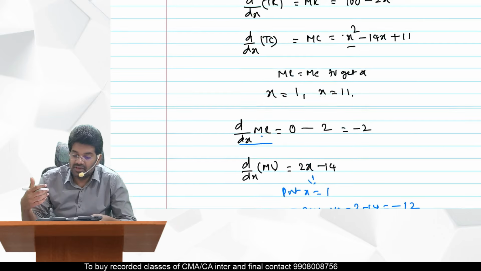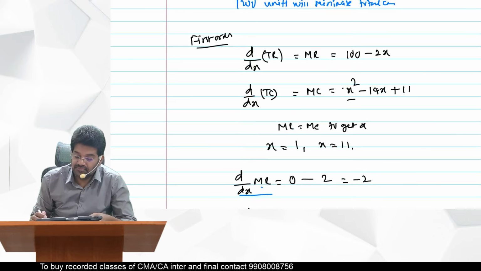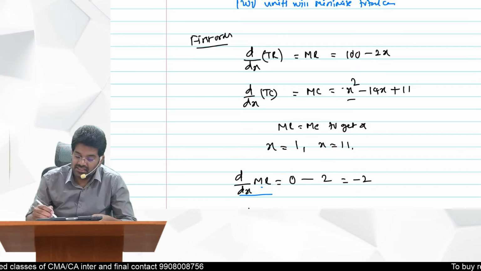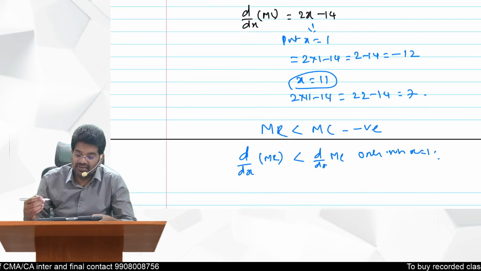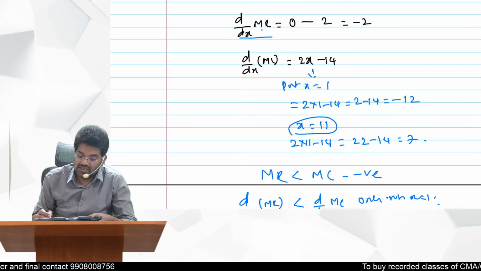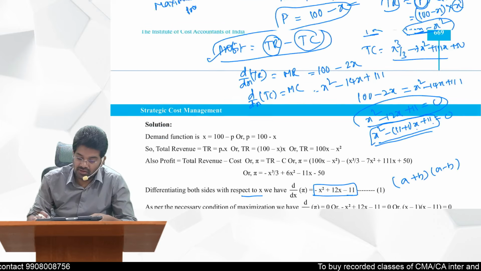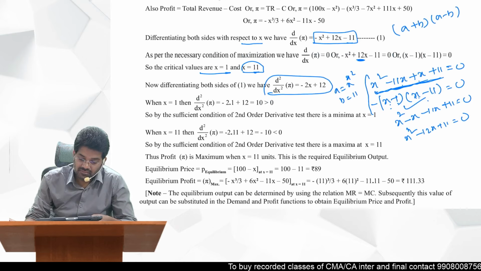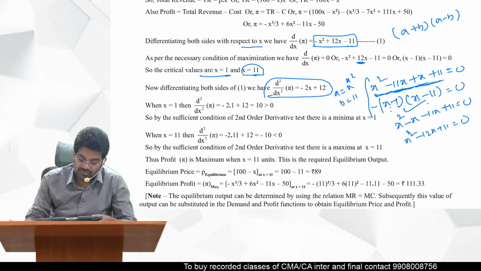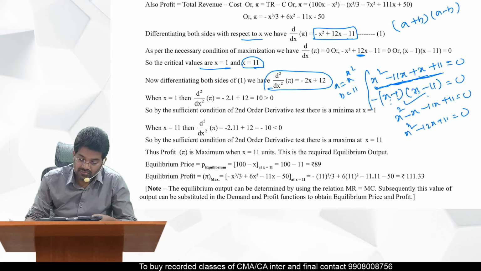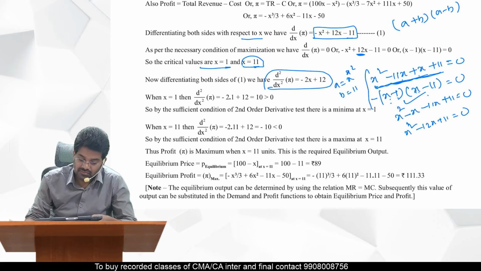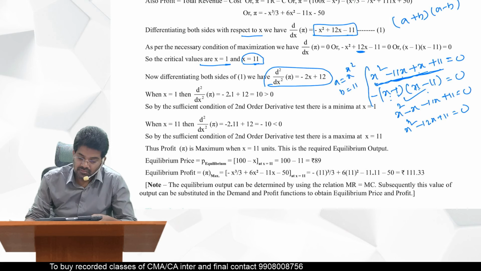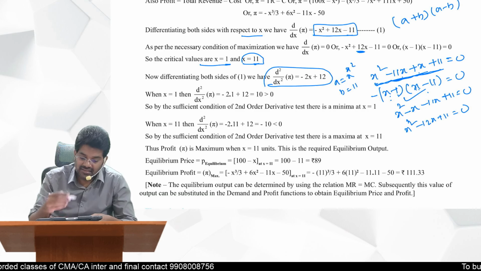What is 11, by the way? We assumed x as what, the price or the quantity? 11 units. At x is equal to 1 you are getting minus 10, I mean total profit.